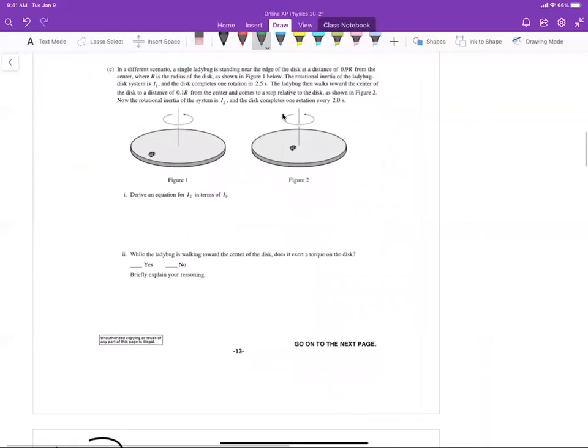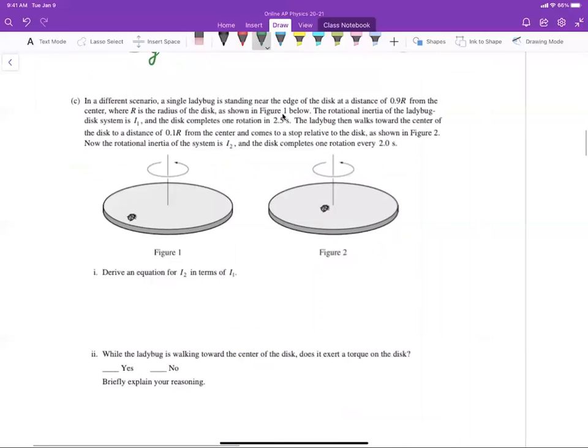All right, in this situation, I have a whole bunch of data. We didn't even need this information they gave us, but they gave us this R value. What did they give us? 0.9, and then it became 0.1, I believe. Yep, this is 0.1.